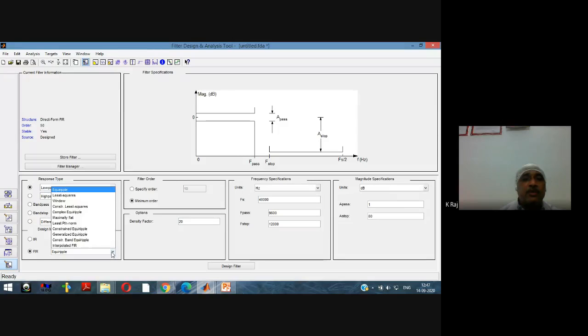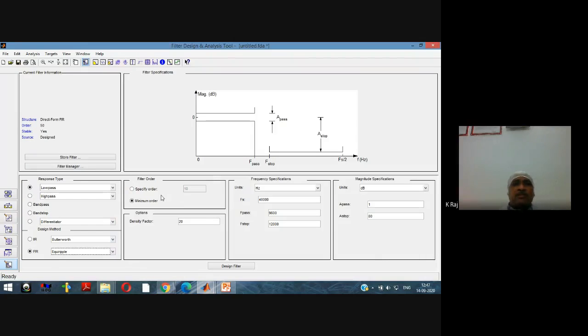Similarly, if we search in the FIR filter, there are different methods which we have discussed: equiripple, least squares, window, constrained least square, complex equiripple, maximally flat, least Pth-norm, constrained equiripple, generalized equiripple, constrained band equiripple, and interpolated FIR filter. Suppose we have selected equiripple, that is, all ripples are equal in the pass band or the stop band here.